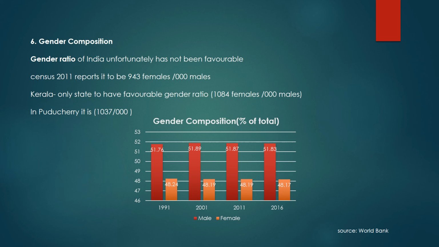Gender composition in India. The gender ratio in any country shows the number of females per thousand males. Unfortunately for India, it has always been unequal. The percentage of males in 1991 was 51.7% of total population, while the females were around 48%. This ratio has not seen much change for the last 2.5 decades.